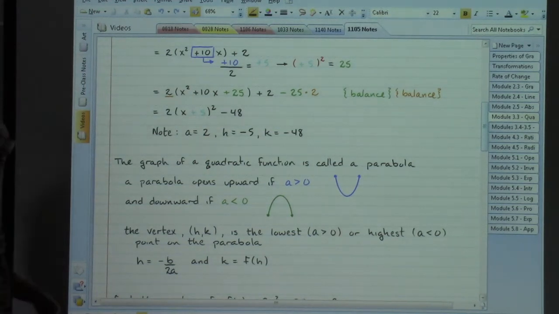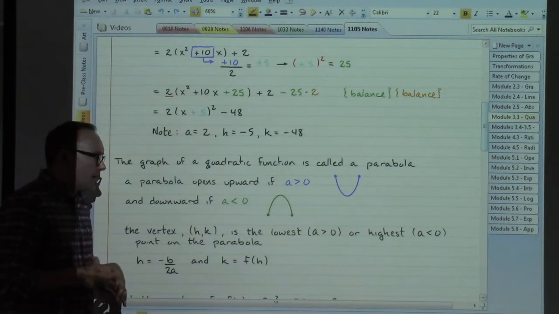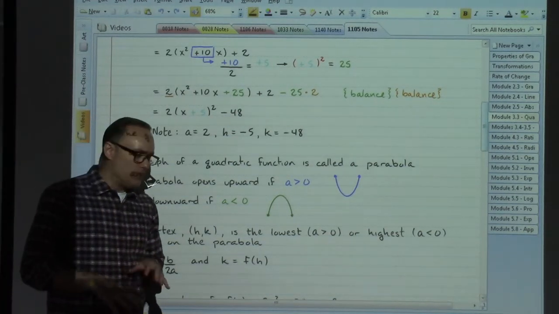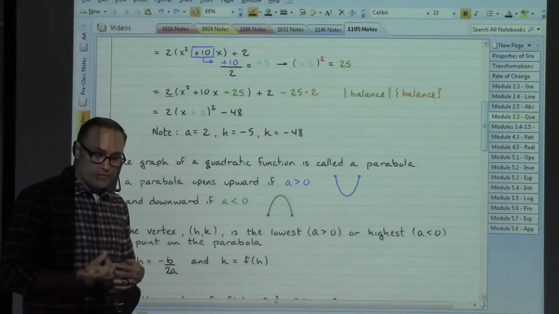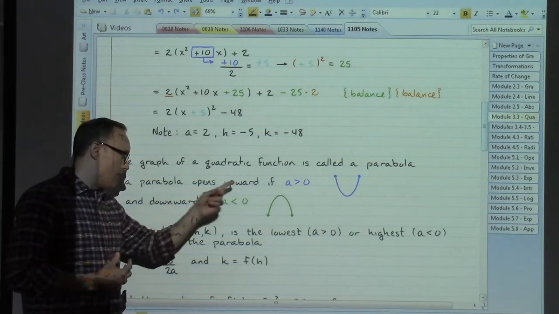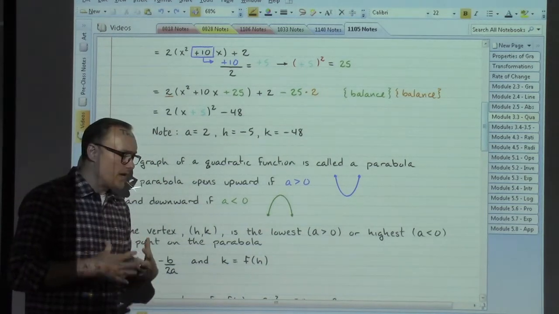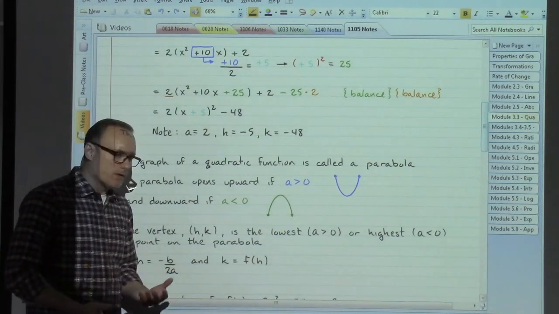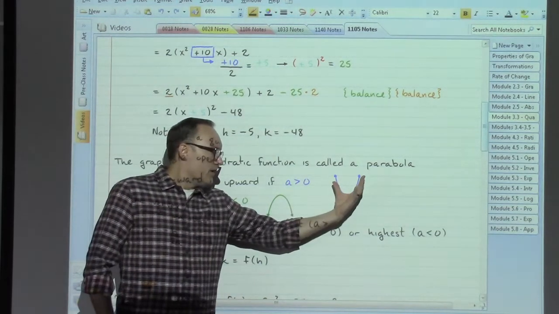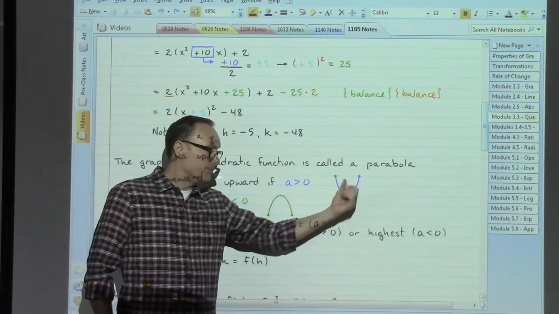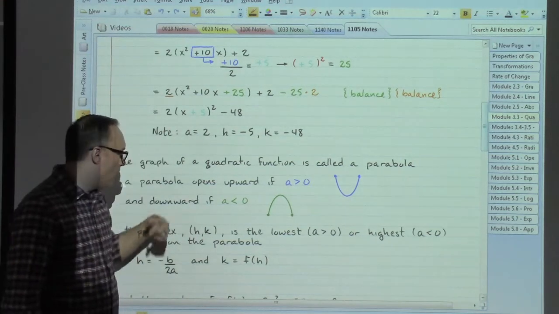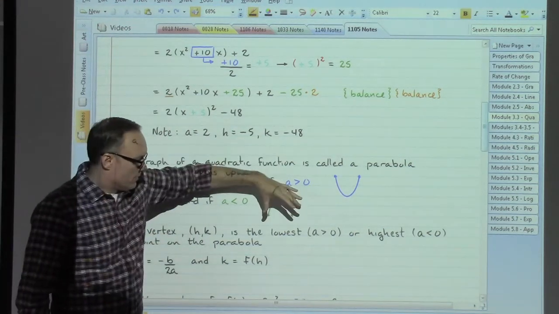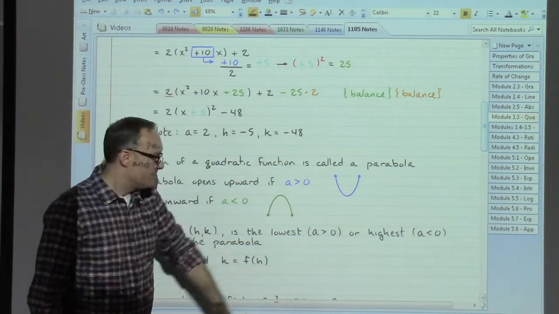So what we have happening, we've got 2 different ways that this parabola shape, which is the name that we call the graph of our quadratic function, can appear. It can open up, so that it is growing upward, or open downward, where it is growing downward.